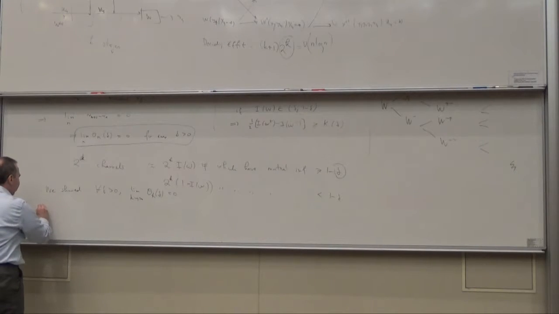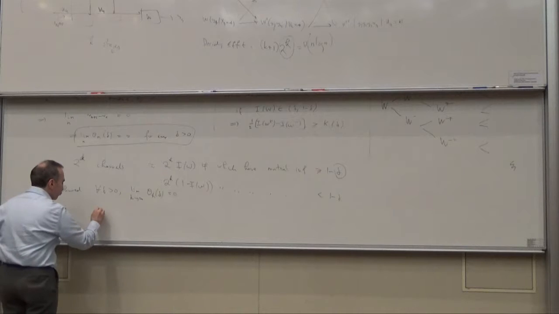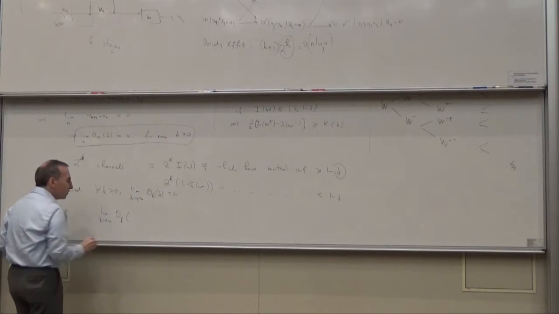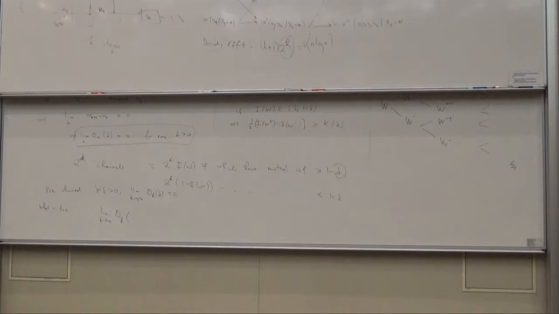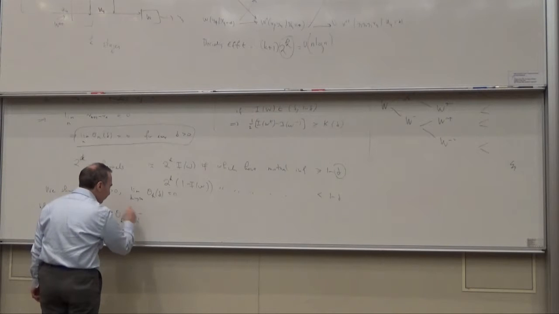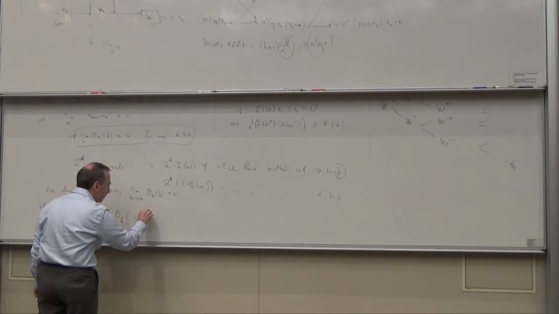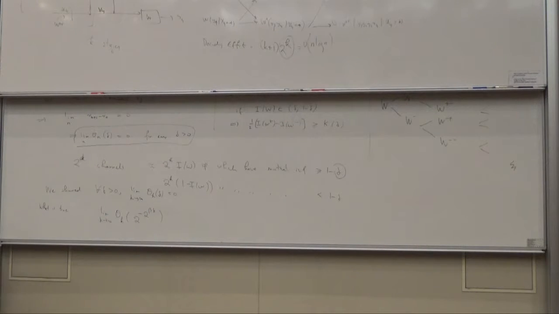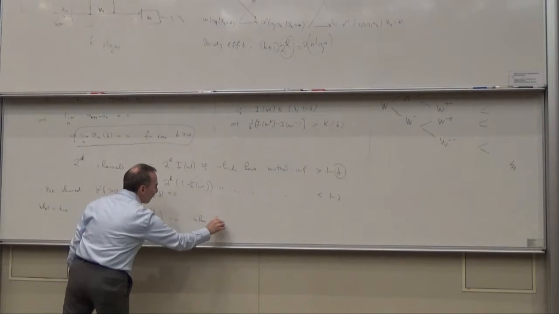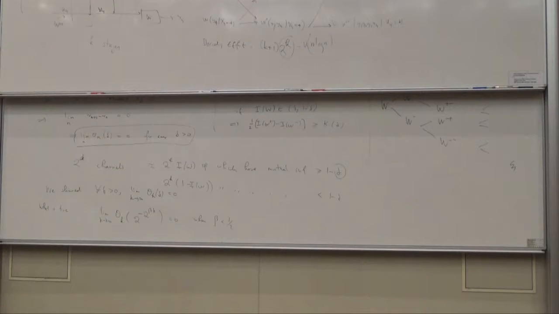What is true is the following thing. Even if you choose this delta to approach 0, in fact very fast, ridiculously fast, approach to 0, this limit is equal to 0 whenever beta is less than half.